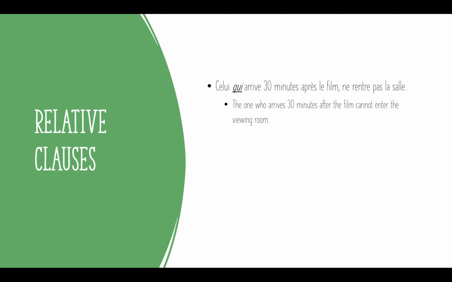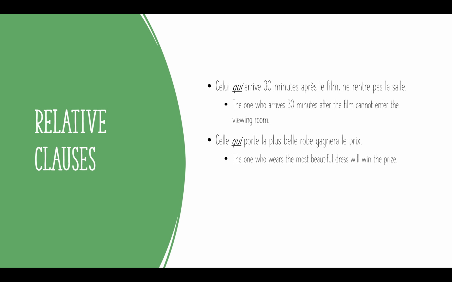Okay, so you don't really have to think about, well, is it a direct object, indirect? Just think of it as the one that, or the one who. Celle qui porte la plus belle robe gagnera le prix. The one who wears the most beautiful dress wins the prize, or will win the prize in this case.